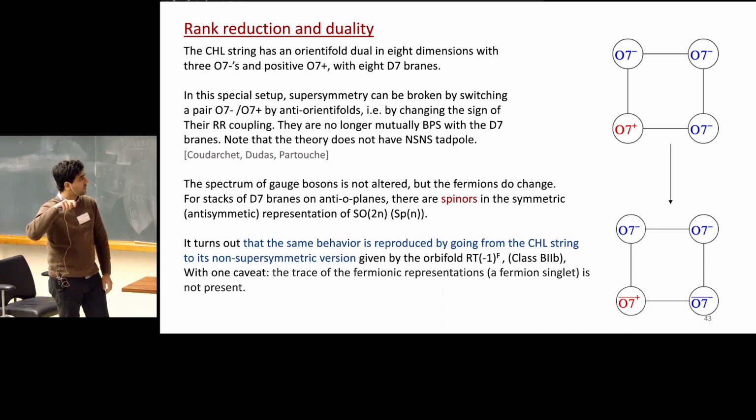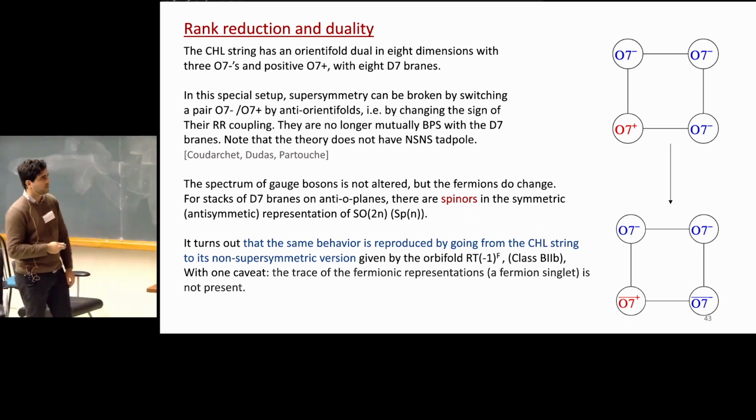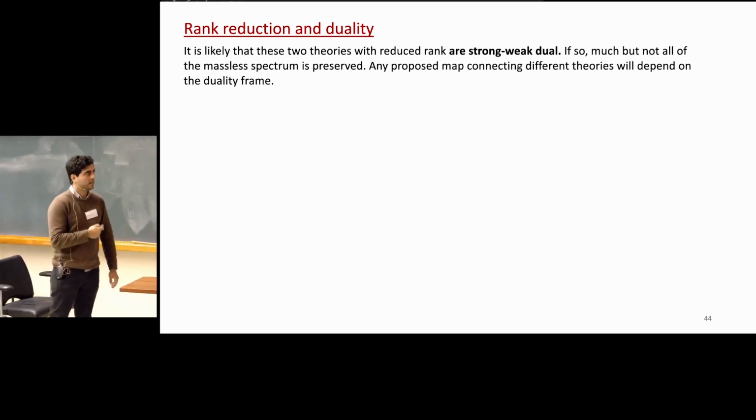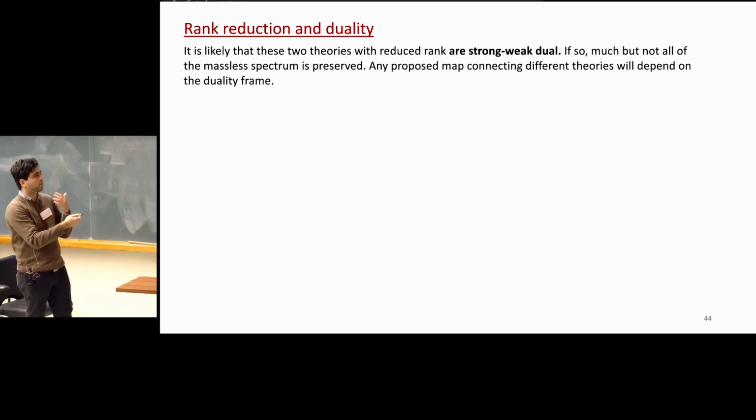Here the symmetric and antisymmetric representations are reducible. They have singlets, but you don't find them in the non-supersymmetric heterotic string case. Other than that, the spectra match perfectly, and I think this is the best example of a string-string duality so far. So I think it's very likely that these two theories are strong-weak dual.